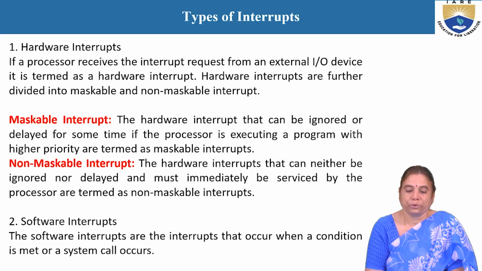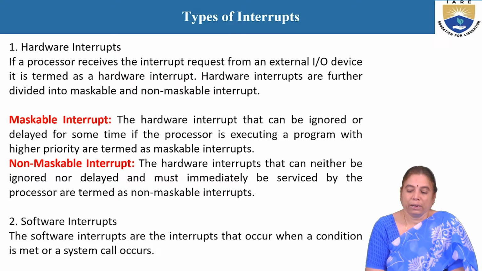If your processor resolves an interrupt request from an external I/O device, it is termed a hardware interrupt. Hardware interrupts can be further divided into maskable interrupt and non-maskable interrupt.